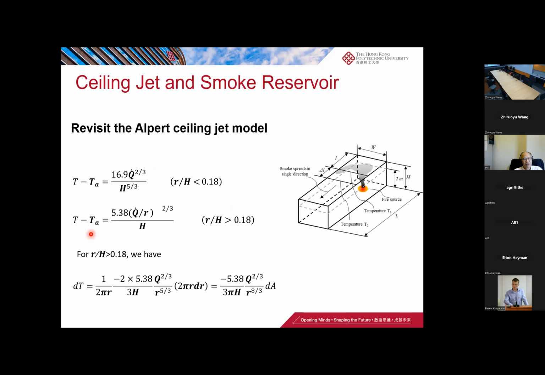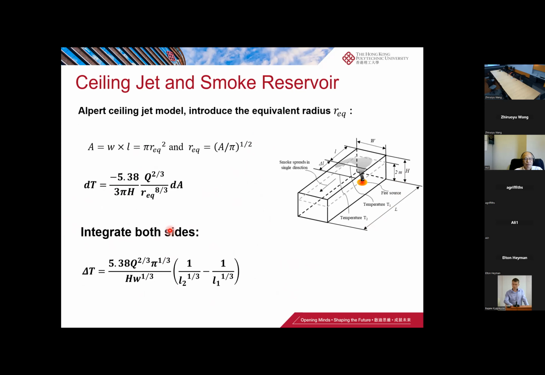This ceiling jet model is for the low, unconfined roof, for the area far away from the plume. So we start from this equation and rearrange it with our variables here. We did not make any change, just rearranged the equation.